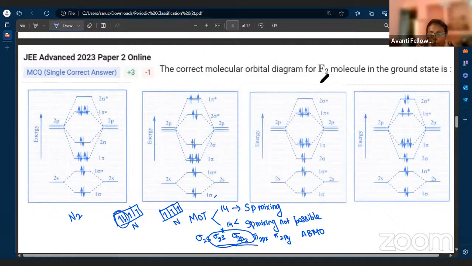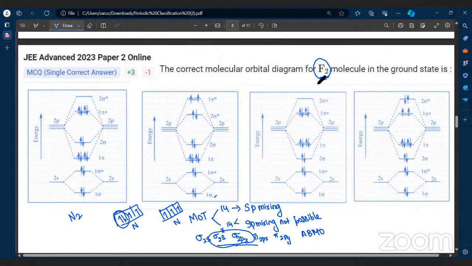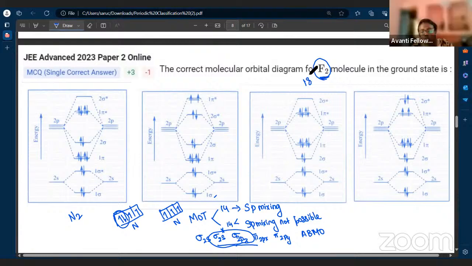So now you have to write it for F2 molecule. What is the total number of electrons in F2? 18. So it is greater than 14.